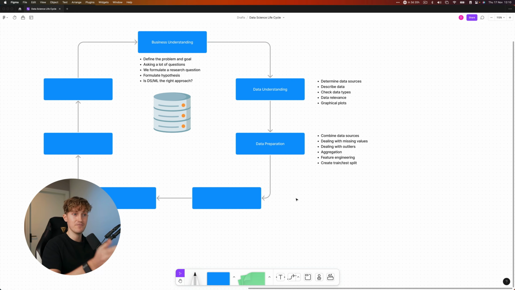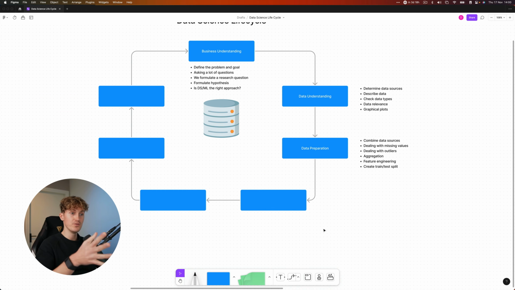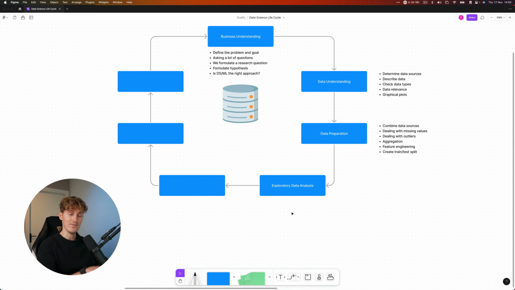Basically, the main objective of this phase is to prepare the data in such a way that we can feed it into our models. And that brings us to the fourth step of the data science lifecycle, and that is exploratory data analysis. This is the phase where we get an even better understanding of the data and how the different features relate and correlate with each other by making visual graphs, plots, bar charts, etc., calculating correlations and visualizing those in a heat map, for example.